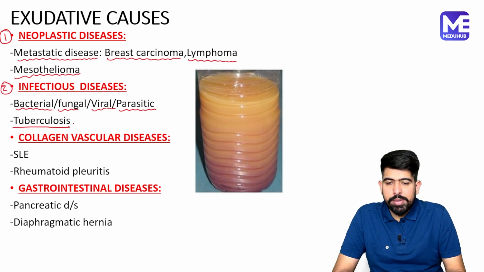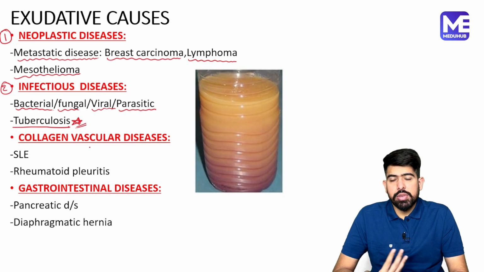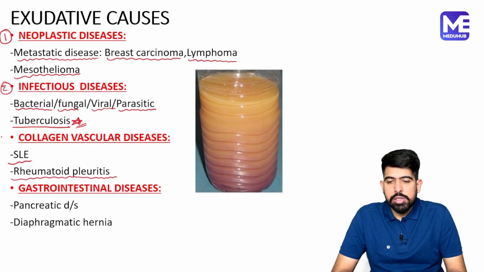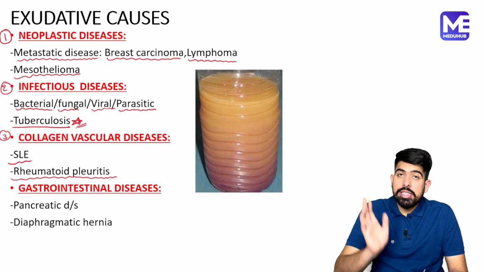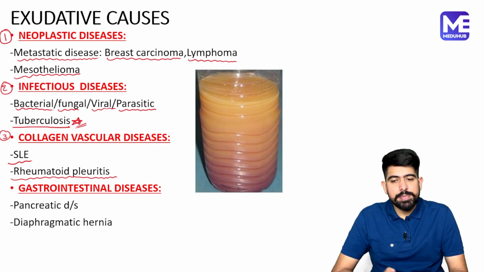Please mark it as important, tuberculosis also causes exudative pleural effusion. With this we also have collagen vascular diseases like SLE and rheumatoid pleuritis, which can cause exudative pleural effusion.